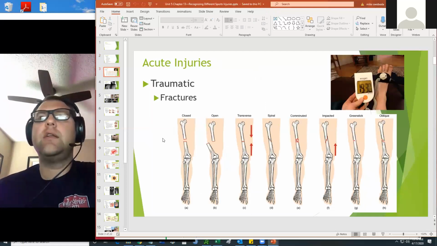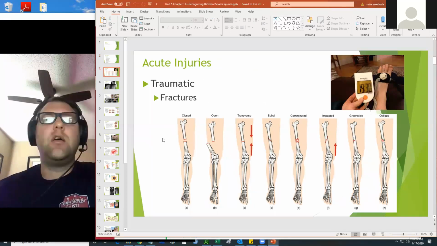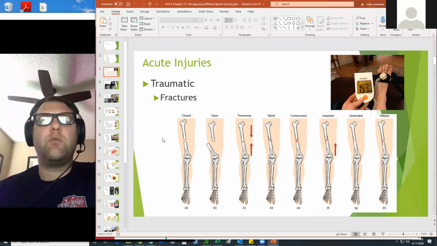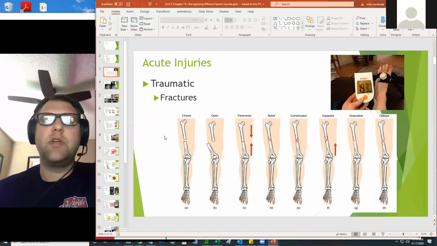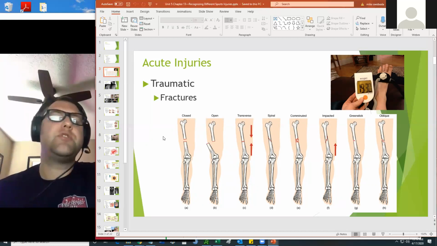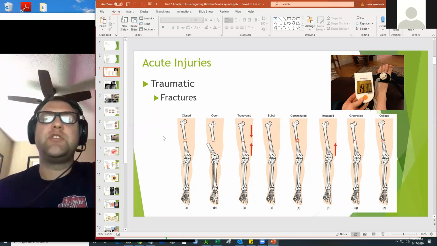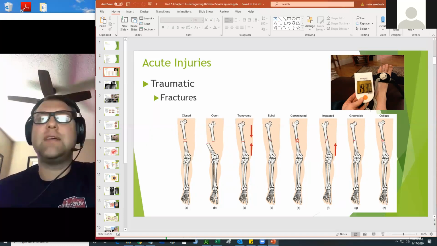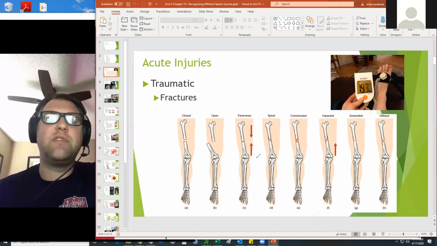Now, when you talk about any sort of fracture, there are multiple different ways you can fracture a bone. When you say a bone is broken, that doesn't really tell you a whole lot of information. If you say a bone's broken or fractured, yeah, we know that there's some sort of disruption in the bone material itself, but that can be anything as simple as a little hairline fracture.